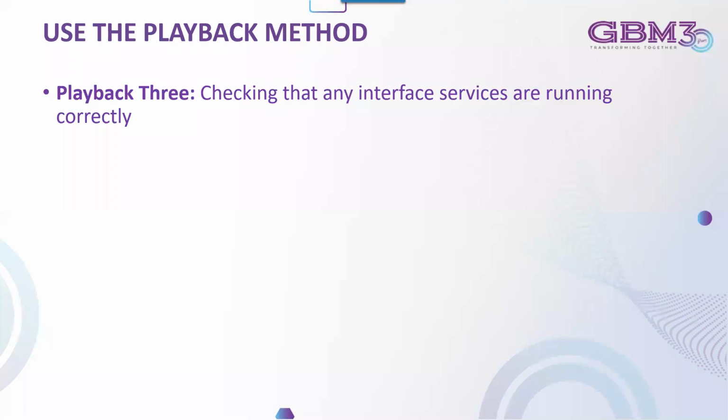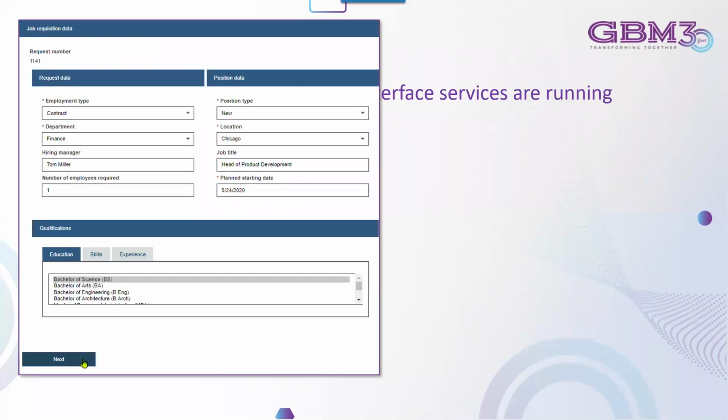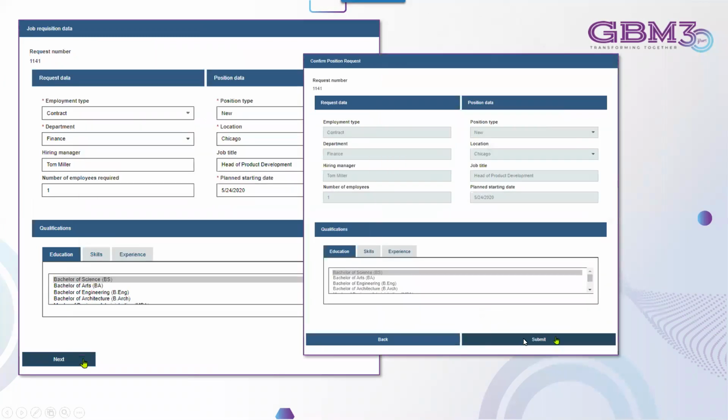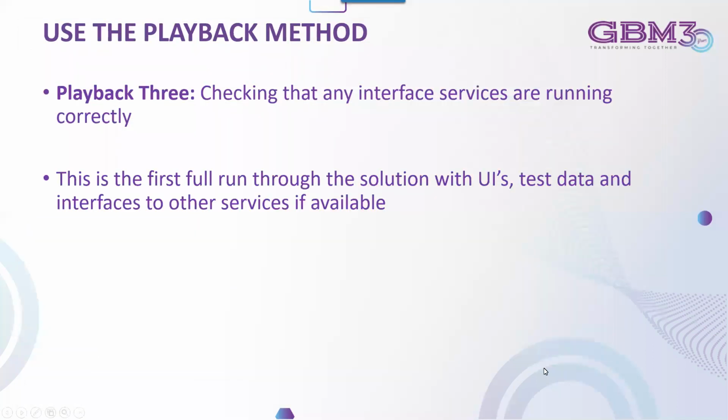We could still at this stage be stubbing those out and mocking them up, but if we have the ability to get to test harnesses, this is the stage to actually start to do it, so that when they start to run through and click on next and I get another screen and then I hit submit, I can actually begin to run through exactly what we've got.